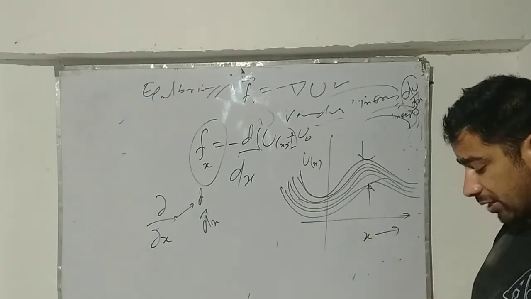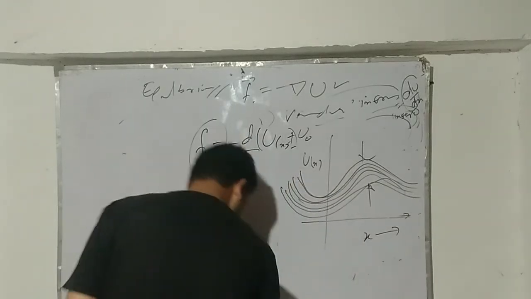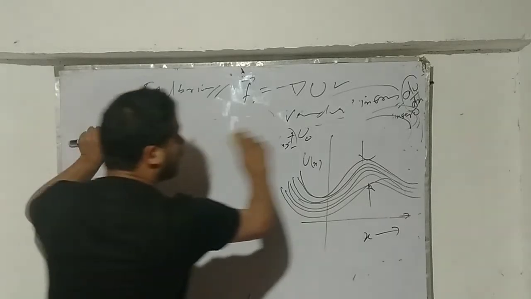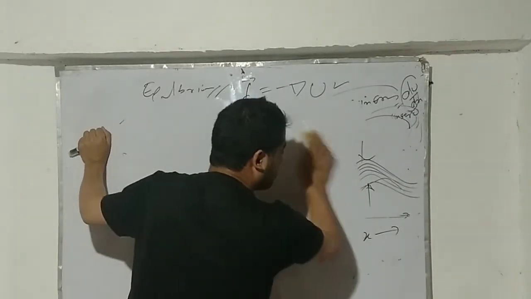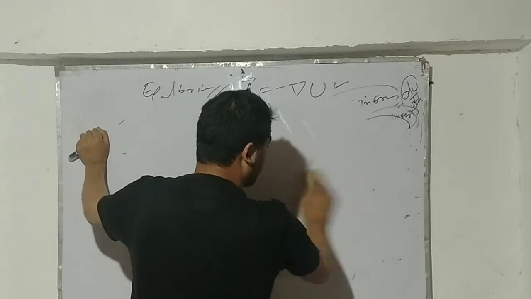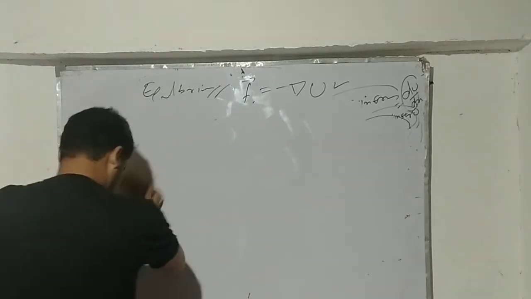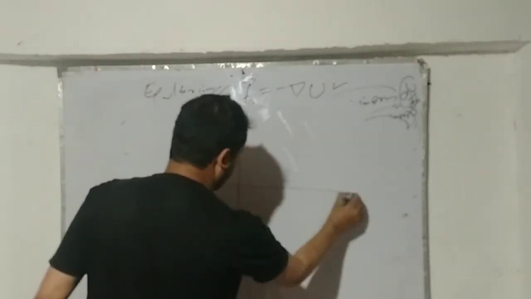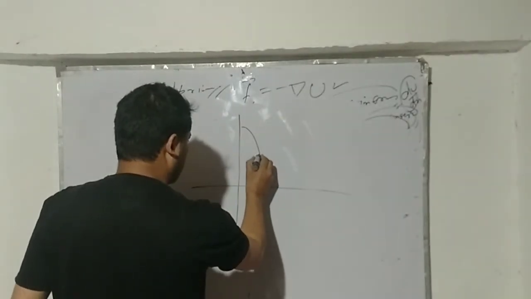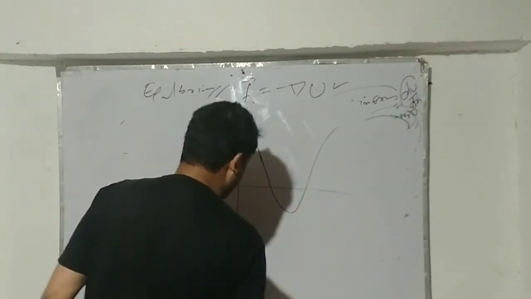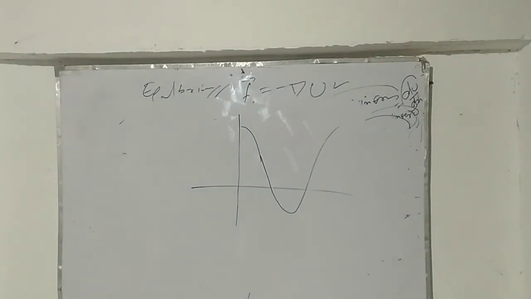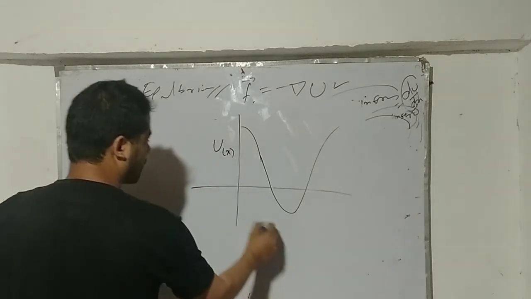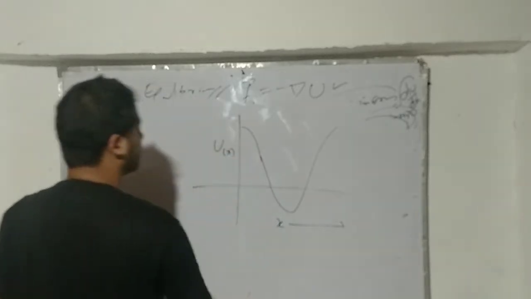So here, I'll just discuss a problem which is based on a kind of variation of potential energy with the position, like here. If I consider this kind of variation, a one-dimensional potential energy, it varies with the position this way.